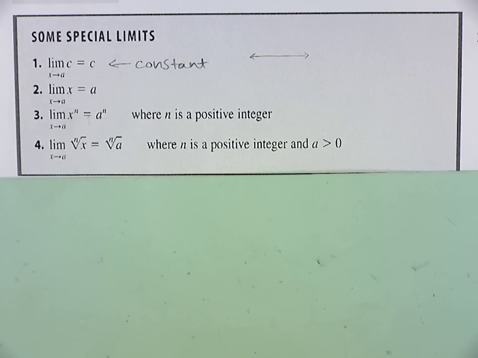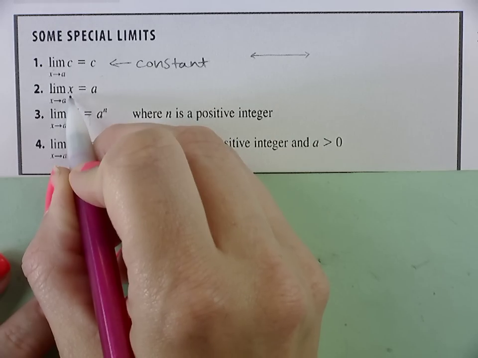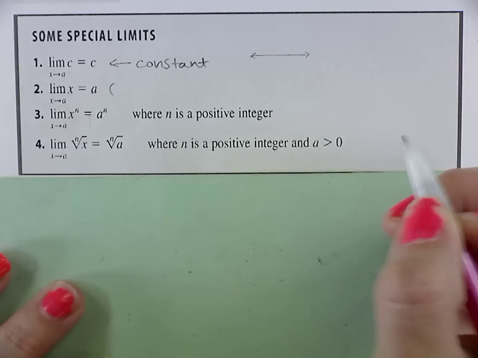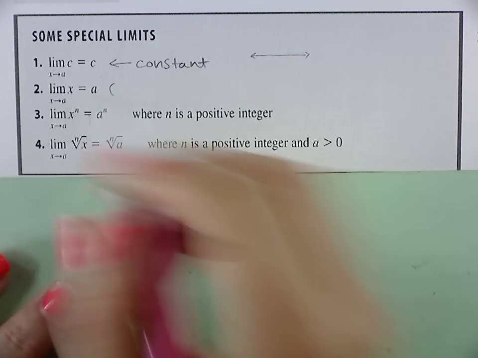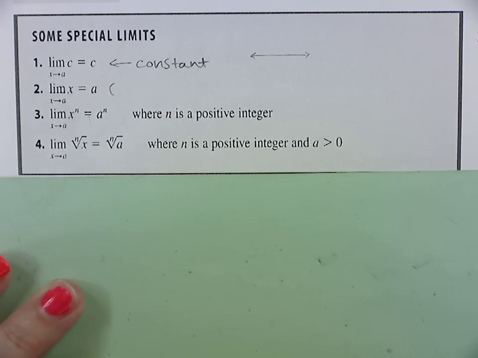For the second one, if it's just x, what type of function is that? Logan, what do you think? If you just have y equals x, it's what? Oh, it's just going to be linear, right?